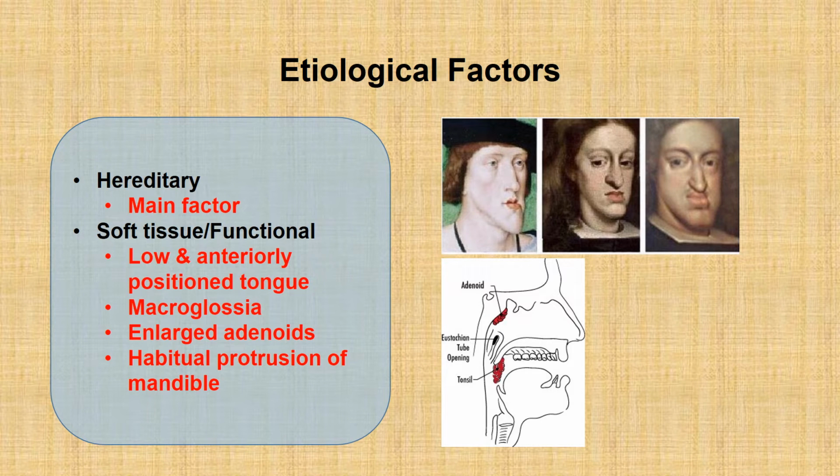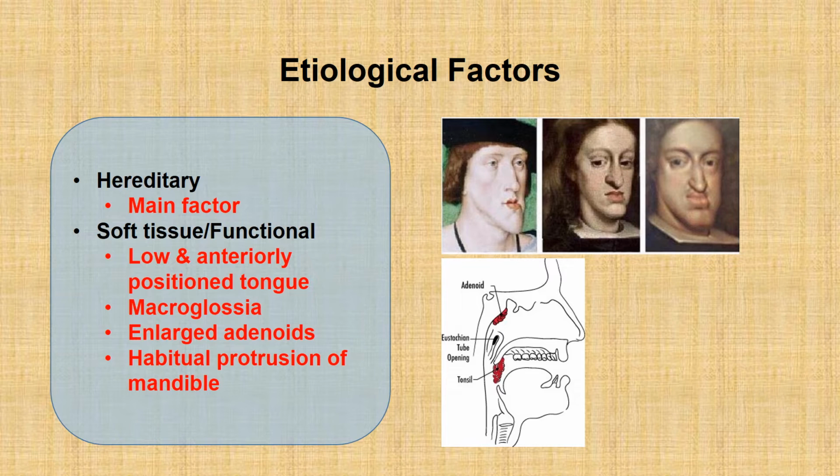Now, what are the etiological factors involved in a Class 3 malocclusion? The main etiological factor is hereditary. As you can see in the pictures here, this is the so-called Habsburg family, which is famous and well known for Class 3 malocclusion.